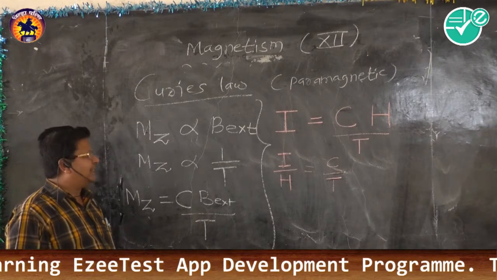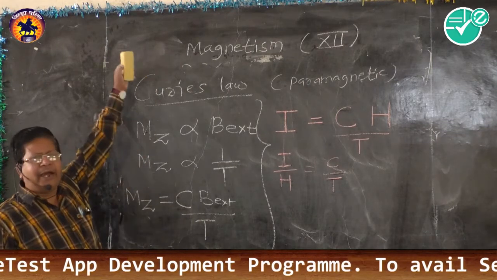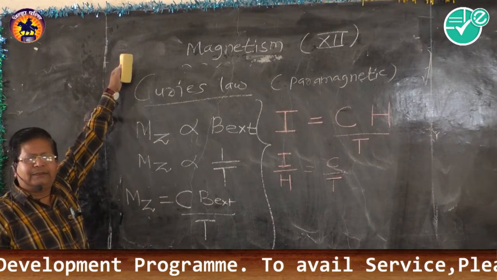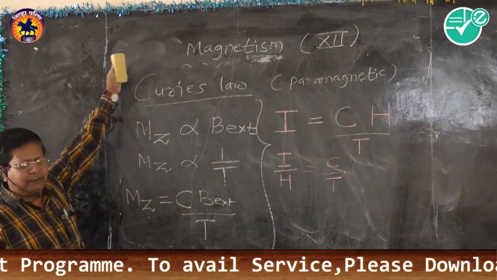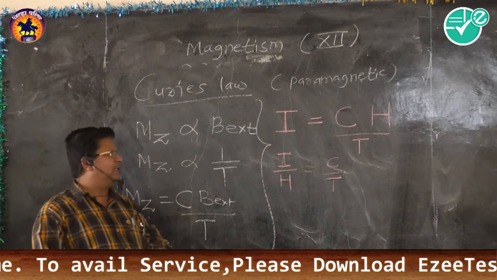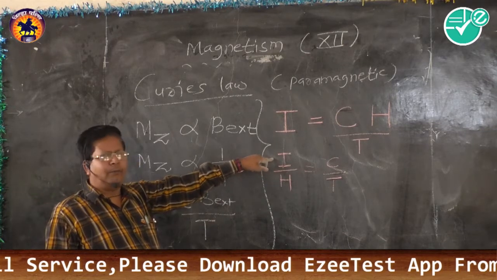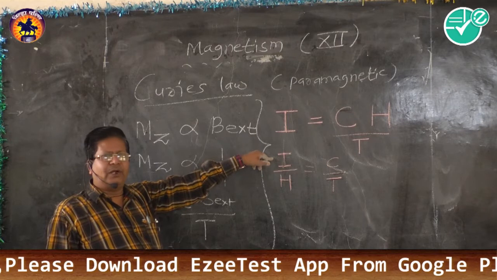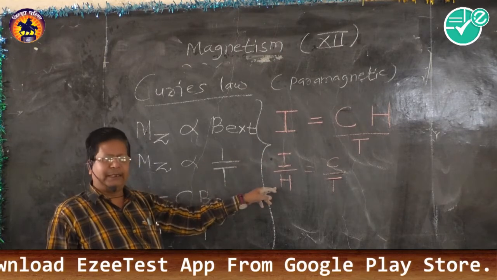As earlier we have defined, the magnetic susceptibility is the ratio of magnetization to the magnetic intensity.